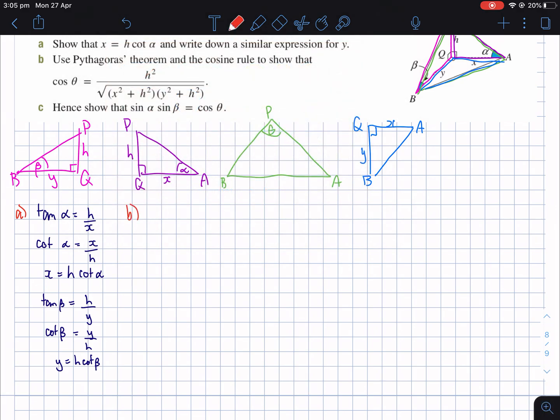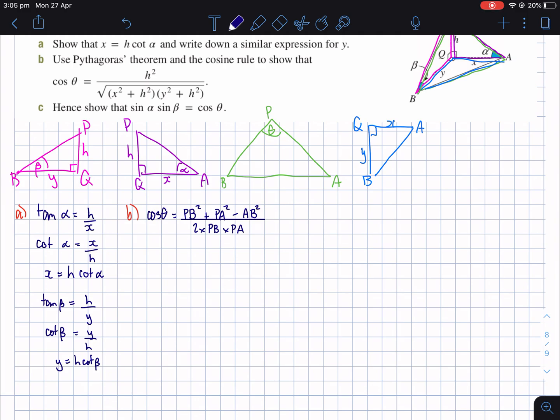Question B wants us to figure out cos theta. And now if I were just to look at that green triangle and straight away try and come up with an expression for cos theta, it would be cos theta equals PB squared plus PA squared minus AB squared over 2 times PB times PA.